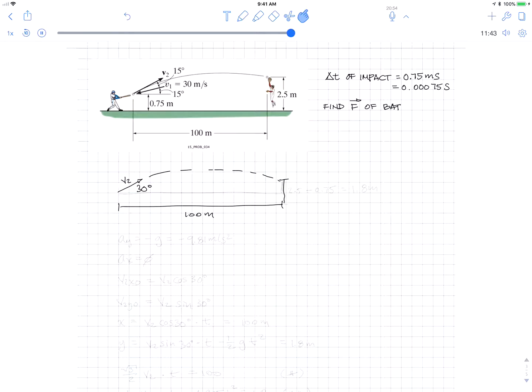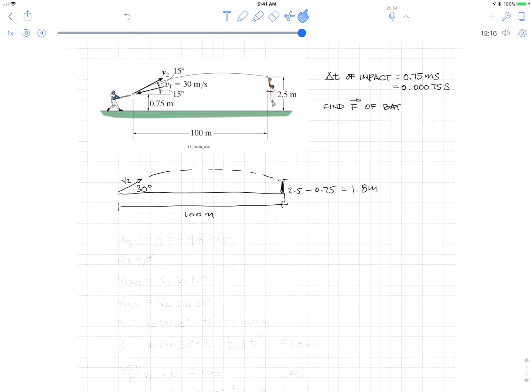And it'll be at a height of 2.5 minus 0.75, which is the height of the mitt minus the height of the impact. So 2.5 minus 0.75 is 1.8 meters. So this height there is 1.8 meters.